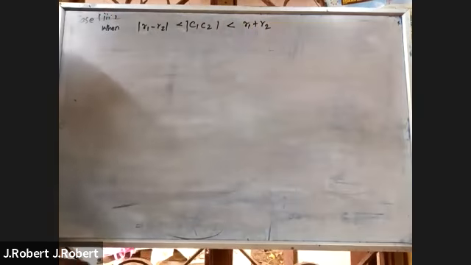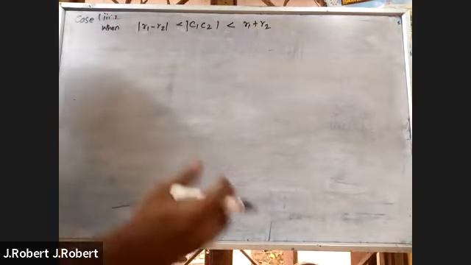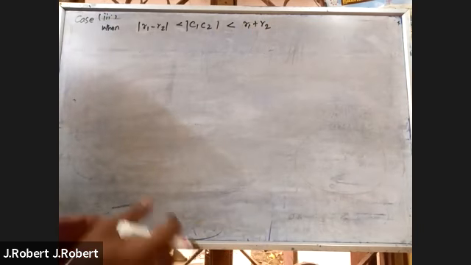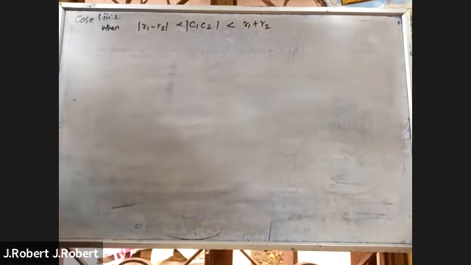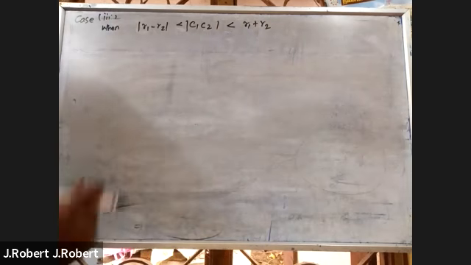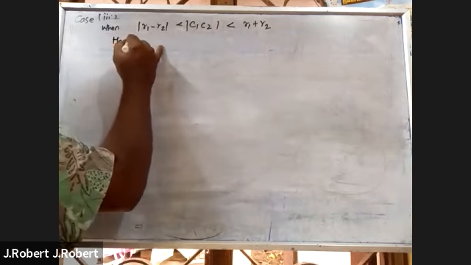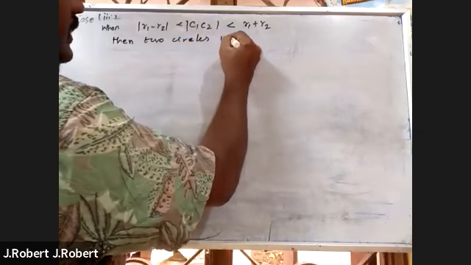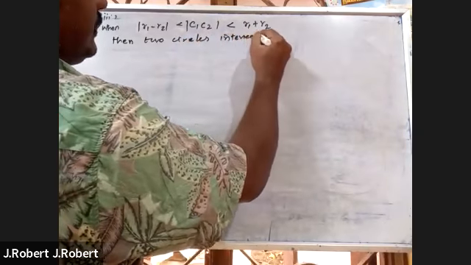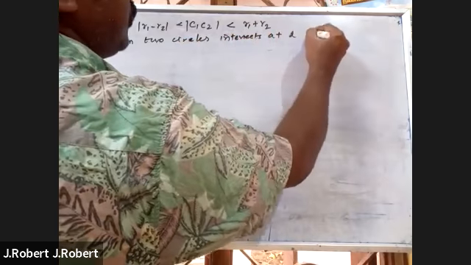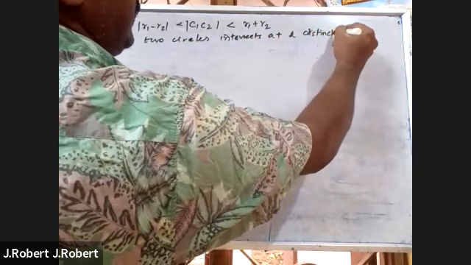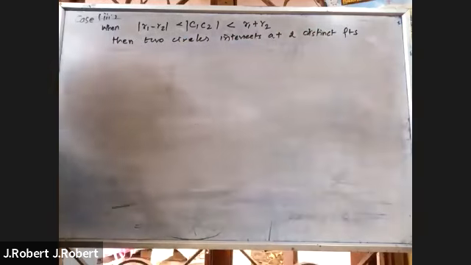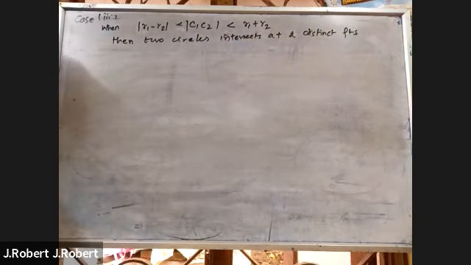See, modulus of the difference and the sum, ரெண்டுமே increasing function ல இருக்கு. The modulus of C1 C2, then the two circles intersect at two distinct points.